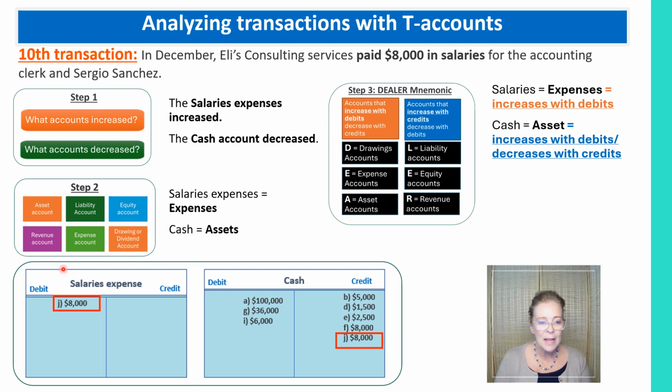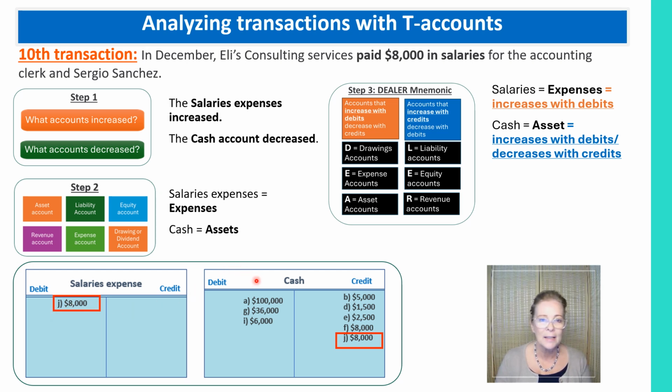We'll now write this transaction using T accounts. We'll set up a new account for salaries expenses, and write the transaction ID of J and the amount of $8,000 into the debit column of the salaries expense account, because we determined in step 3 that we would debit salaries expenses. The amount for the cash account decreased.